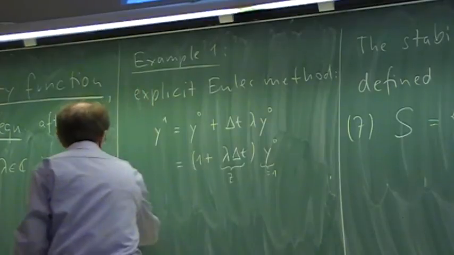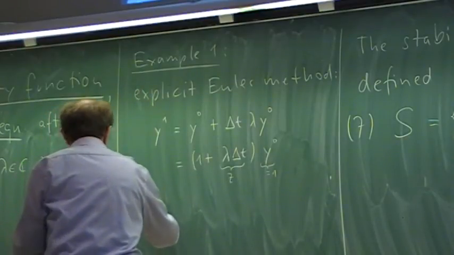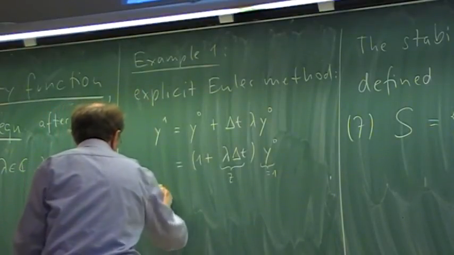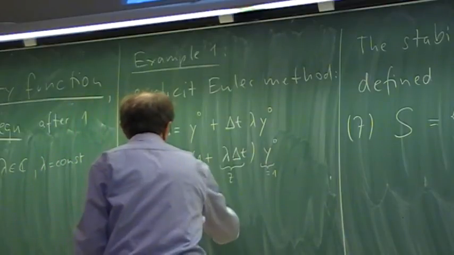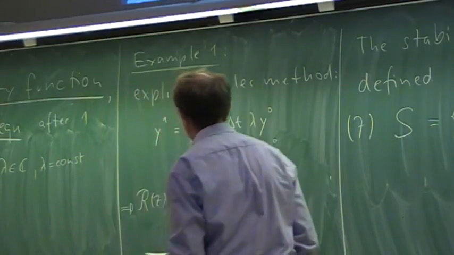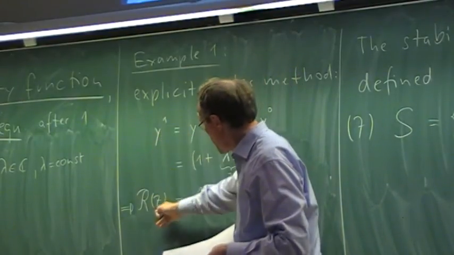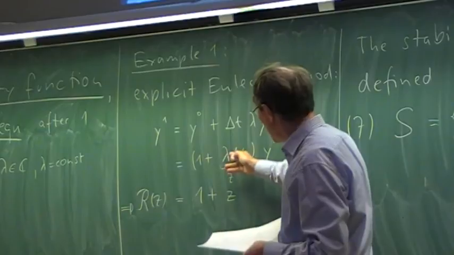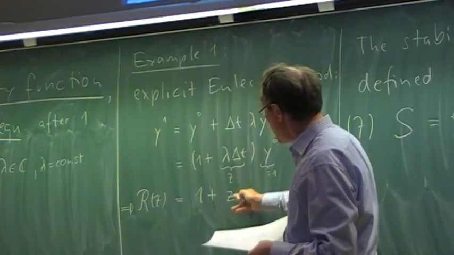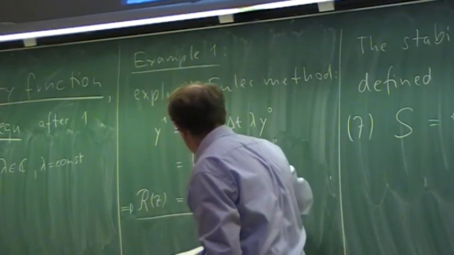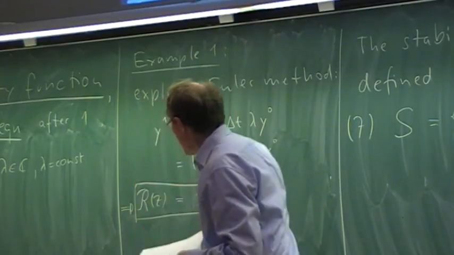So then from that we can say that the stability function for the explicit Euler method is 1 plus z. So the solution that we get after one time step is y1, that is our stability function, and what we get we express with z. So this is the result. That is the stability function for the explicit Euler method.